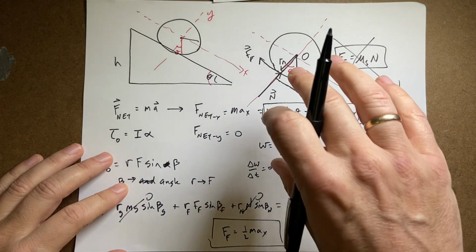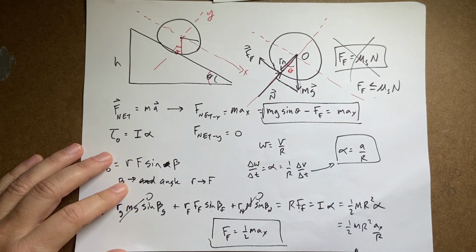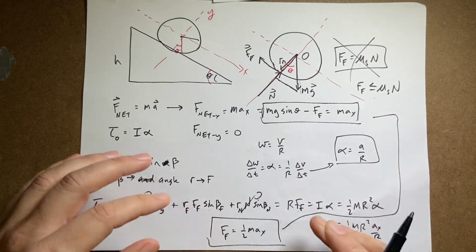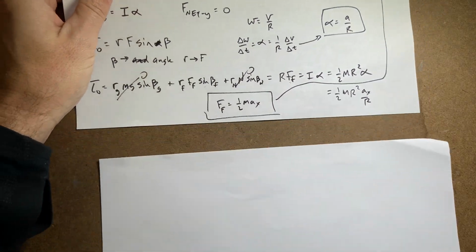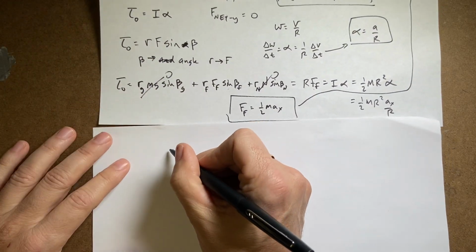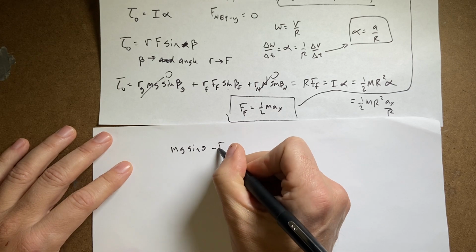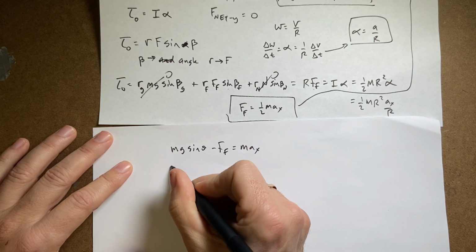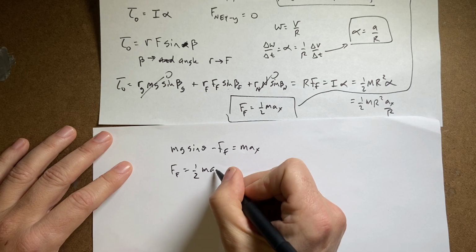That's what it has to be in order to make the angular acceleration match the linear acceleration so that it doesn't slip. But now I can take that and put that in up here, and that's what I'm going to do. So let me write these two equations. I have this one, mg sine theta minus the frictional force equals m a_x, and then I have the frictional force equals 1/2 m a_x.